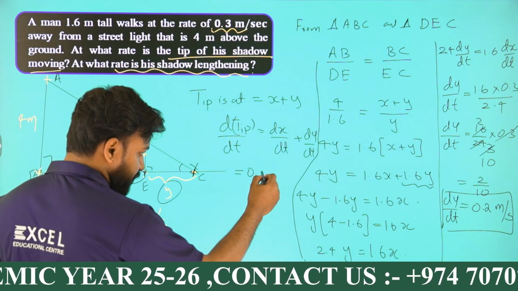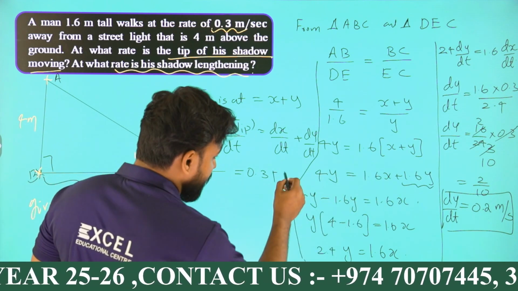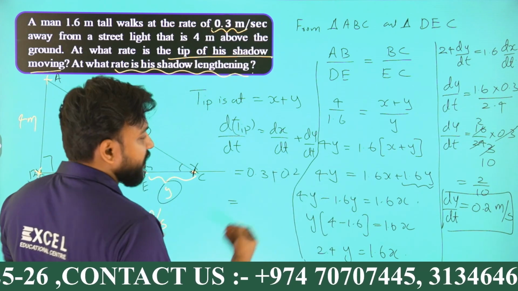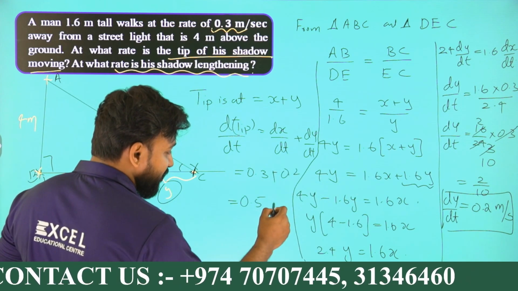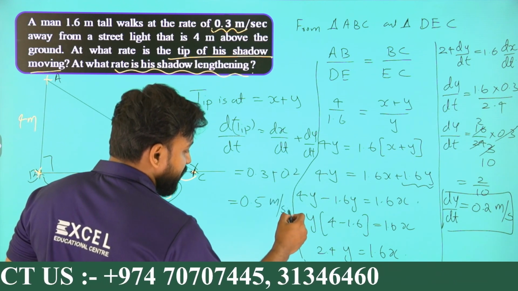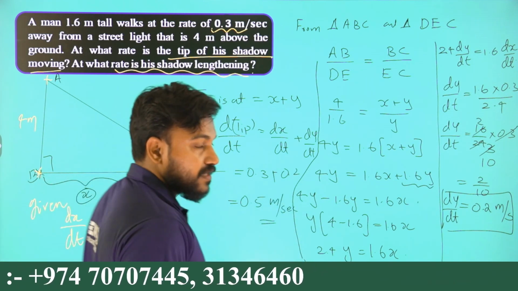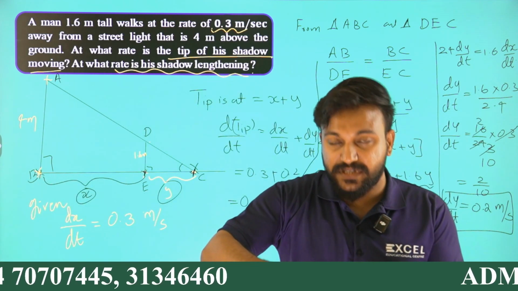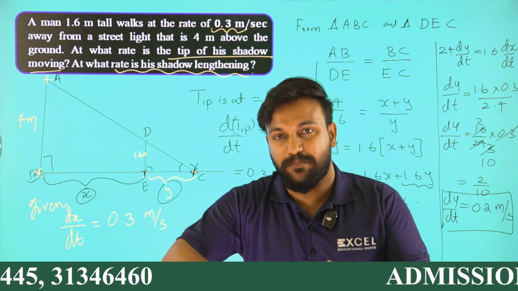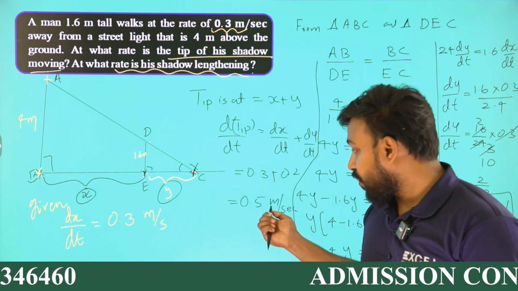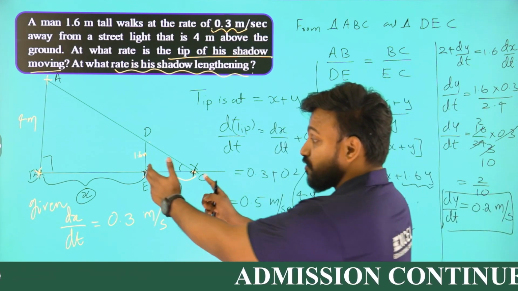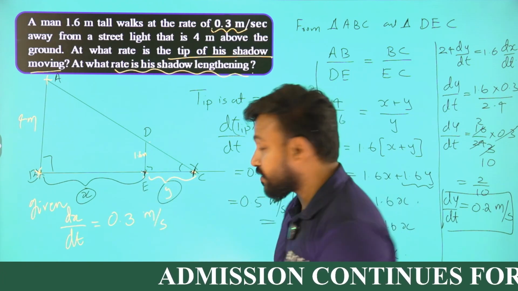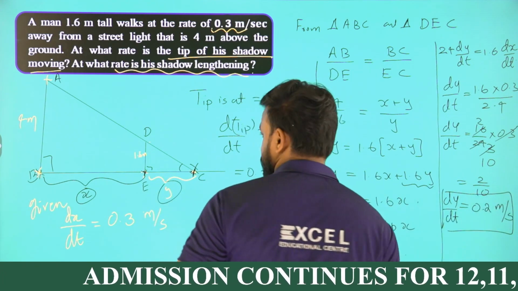It's 0.3. What is dy by dt? It's 0.2. So the final answer is 0.5 meter per second. That is, the tip is moving at the rate 0.5 meter per second, and the length of the shadow is changing at the rate 0.2 meter per second.